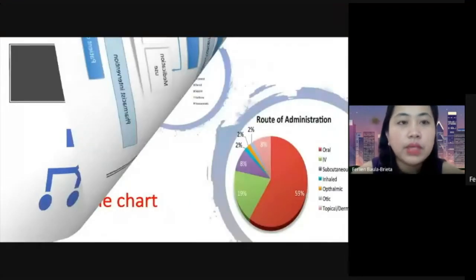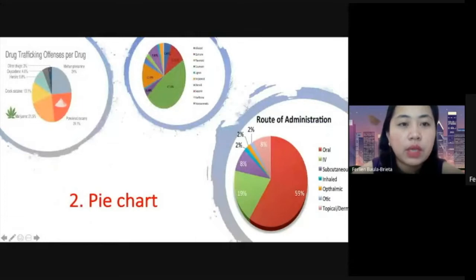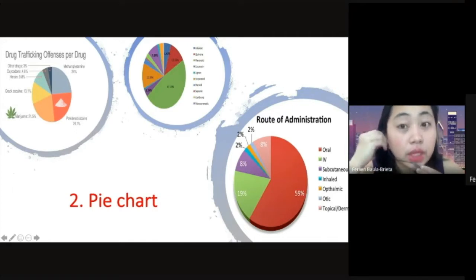Okay, another example here is the pie chart. A pie chart is a circle or graph chart which allows us to summarize a set of categorical data or display different values of a given variable. Or it can be used to present percentage distribution.